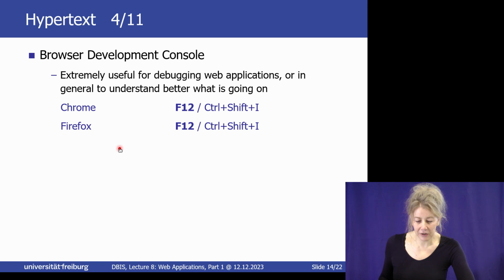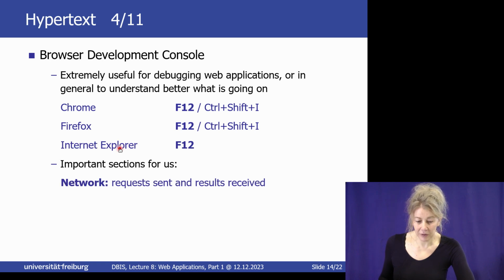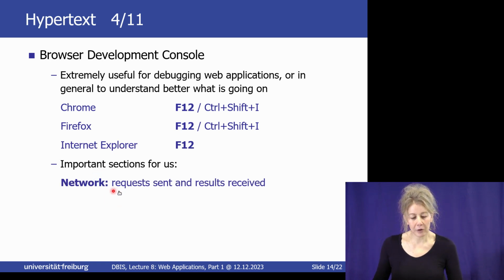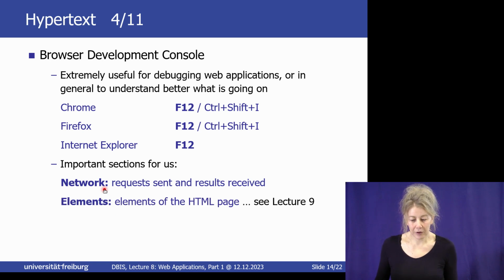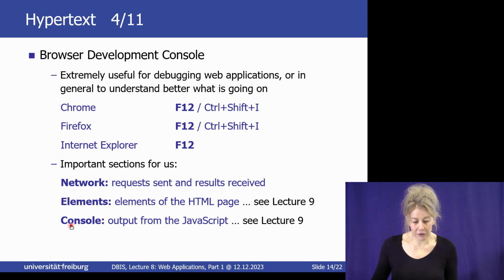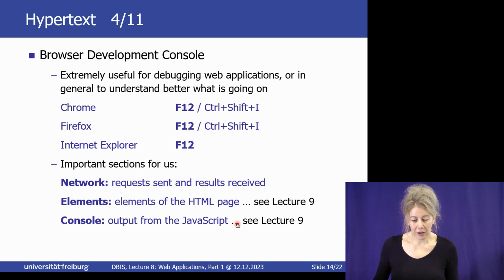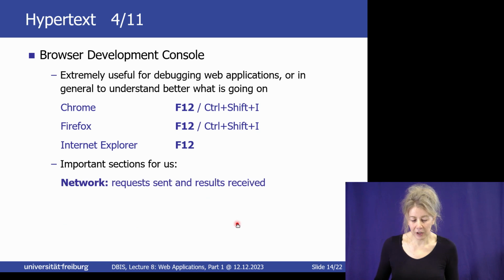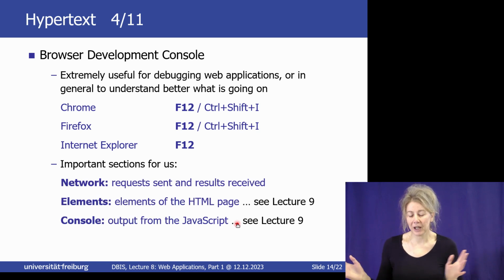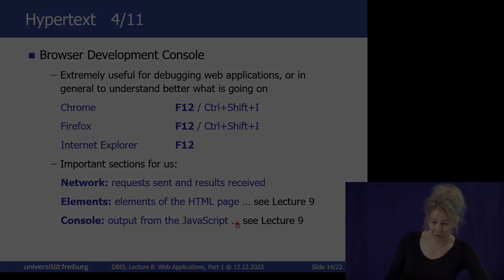We already had the development console. Today we will only look at the network tab, and the console will also be very important for the next lecture. Okay, I think that's a very good point to make a break, and we resume in 5 minutes.